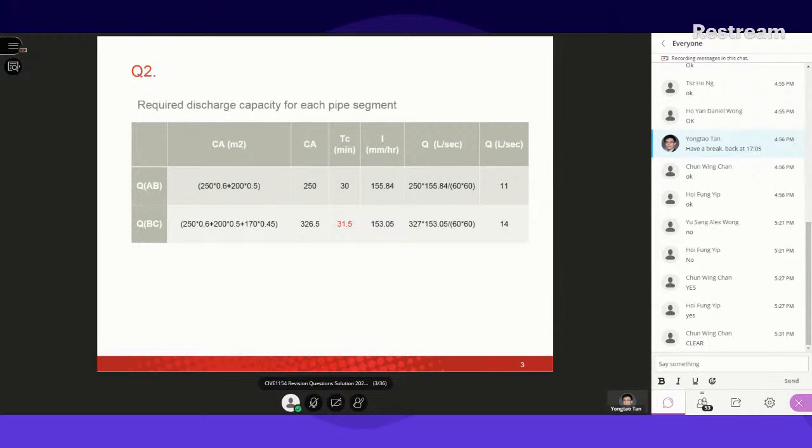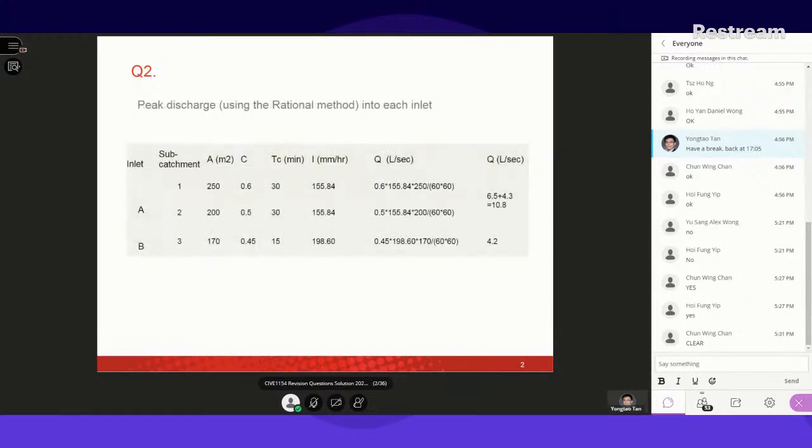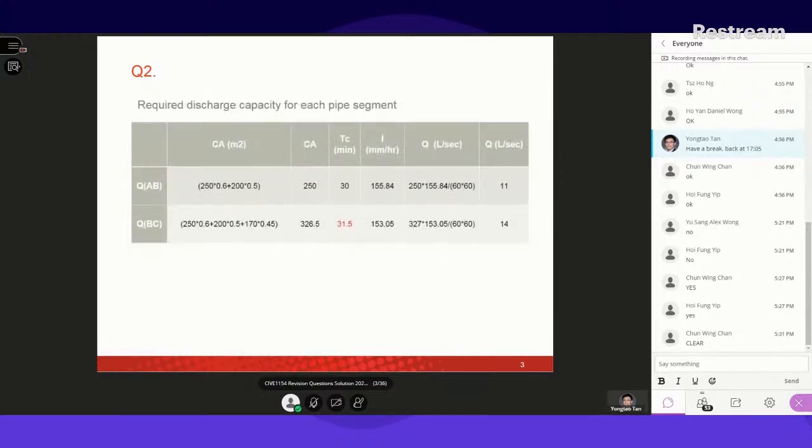Here is the time of concentration and here is the intensity, so we can get the peak discharge to the pipe AB. It is the same as the peak discharge to inlet A.